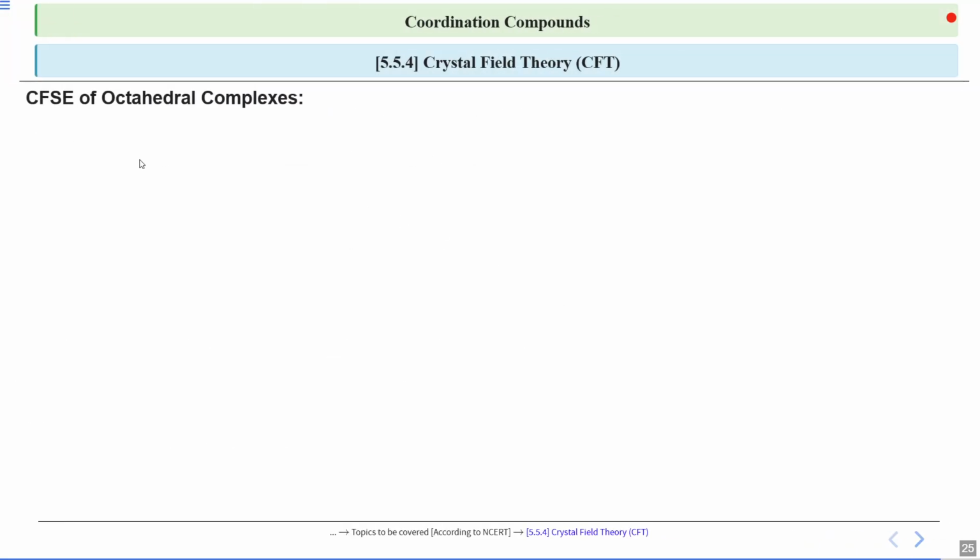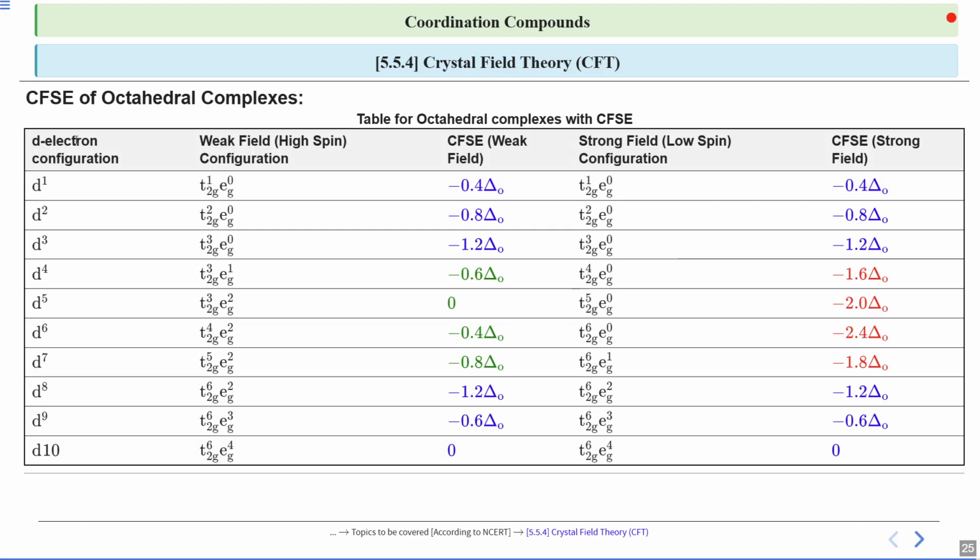So now we are going to see the table for the octahedral complexes with their crystal field splitting energies. Each has a different d electronic configuration. If they are having weak field, that means high spin configuration, what will be the configuration and their CFSE calculation for the weak field?